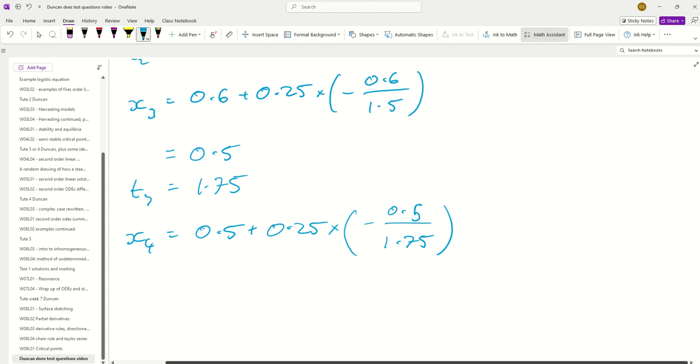Right, that gives me, this is where the numbers start getting a bit yucky. This is approximately 0.43. Right, you can obviously include more decimal places. The time is now 2, right? So that's where we stop.